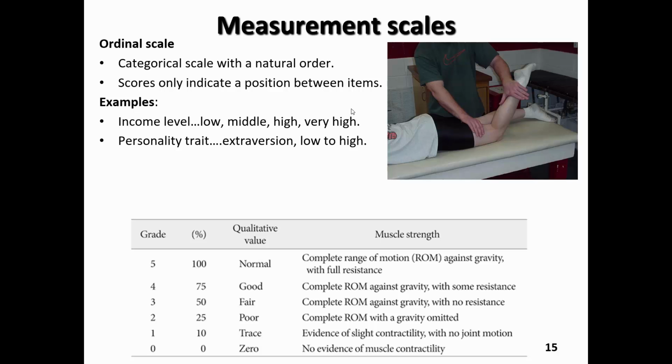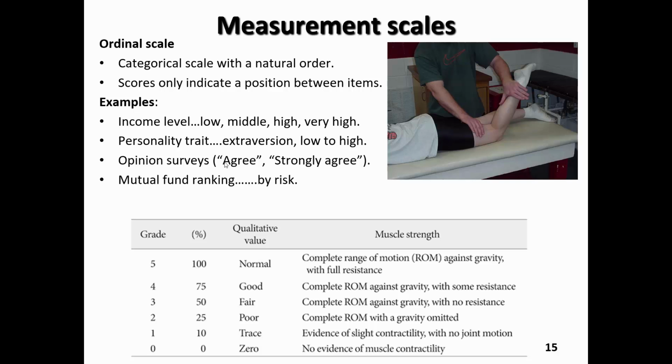If we want to measure personality traits, one personality trait referred to as extroversion can be measured from low to high. So this is according to an accepted definition of extroversion. Some opinion surveys range from agree, strongly agree, all through the scale to disagree or strongly disagree, and could be construed as an ordinal scale.